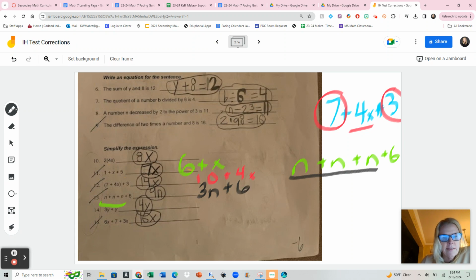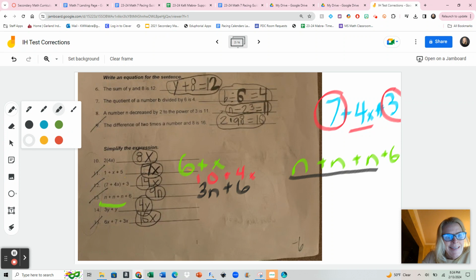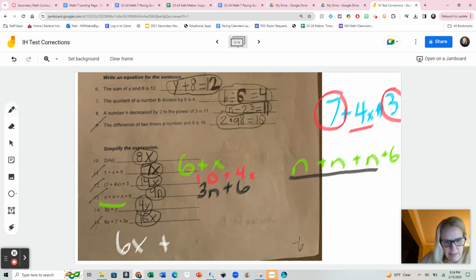And the last one, number 15. It says 6x, let's do it down here, 6x plus 7 wholes plus 3x. Notice how I said that out loud.